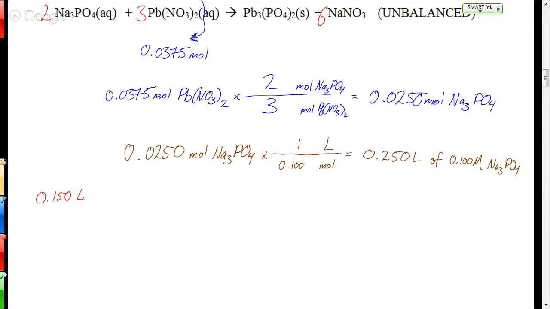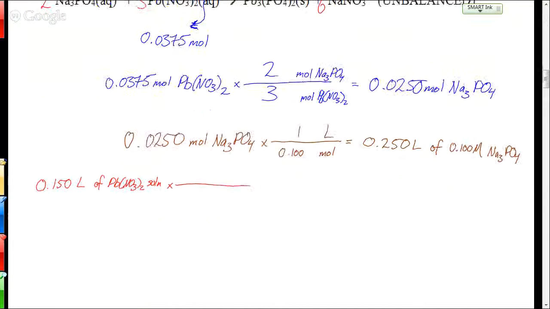0.150 liters of lead nitrate solution times the concentration. You could start with milliliters and do that conversion too if you want. Hopefully we can all do quick milliliter to liter type conversions at this point. Just move that decimal place 3 numbers over. So the concentration tells us 0.250 moles per liter.